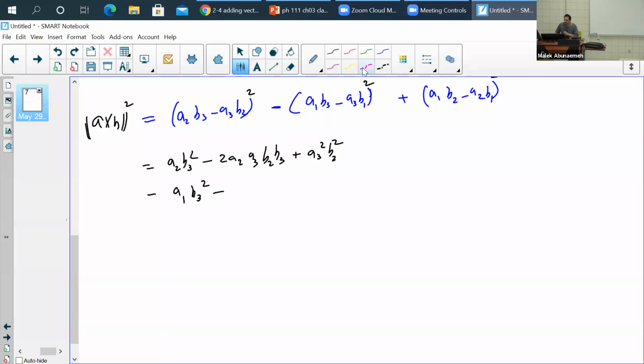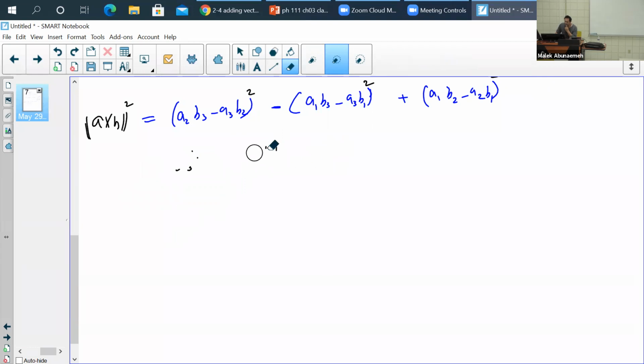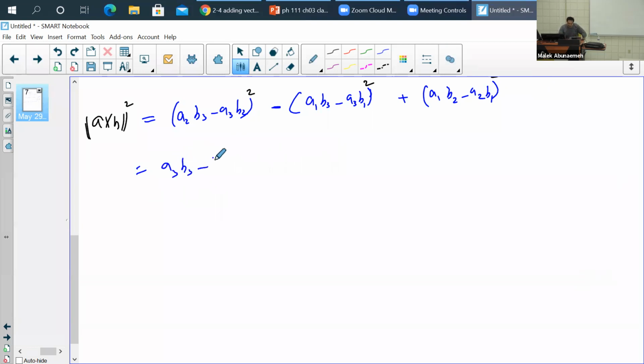Actually I think it'd be easier, I just looked at it right now, if we get rid of the negative. Let me just take this out, just to make the math easier, get rid of all the negatives. This is going to equal A3 B3 minus B, A2 B3 minus A3 B2 squared.